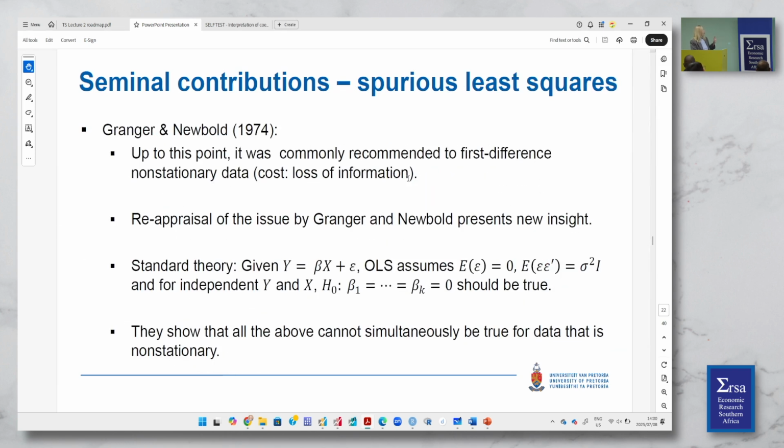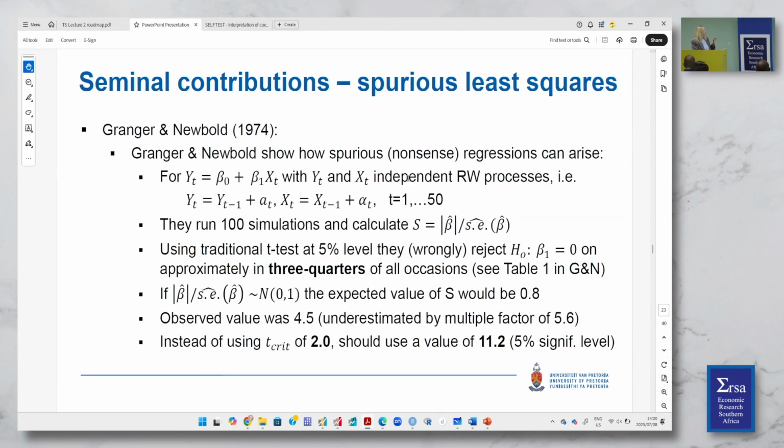So, first thing. Then secondly, Granger and Newbold in 74, you can see they used time series tools to generate, this is a random error term, 2 independent random walks, and then they did it 50 times. 50 observations, and they generated 100 combinations of that.